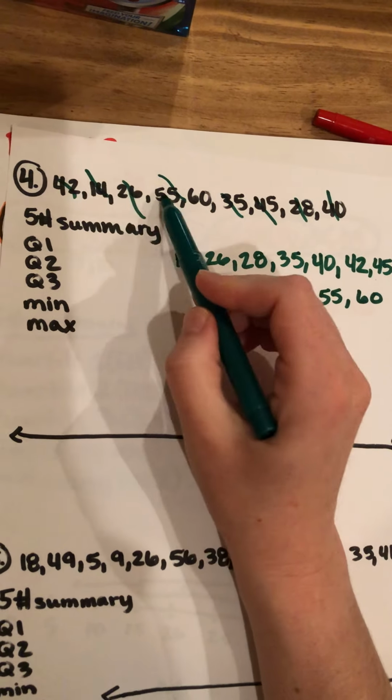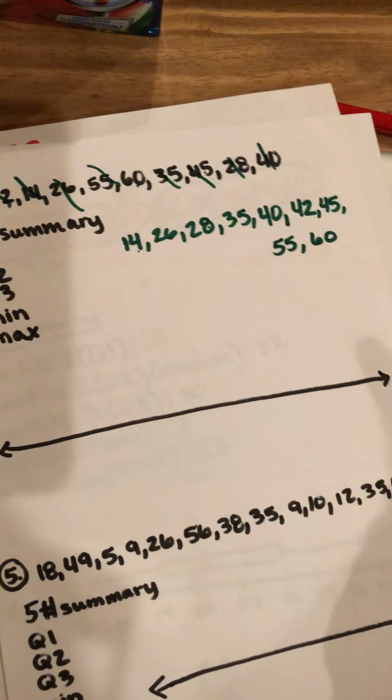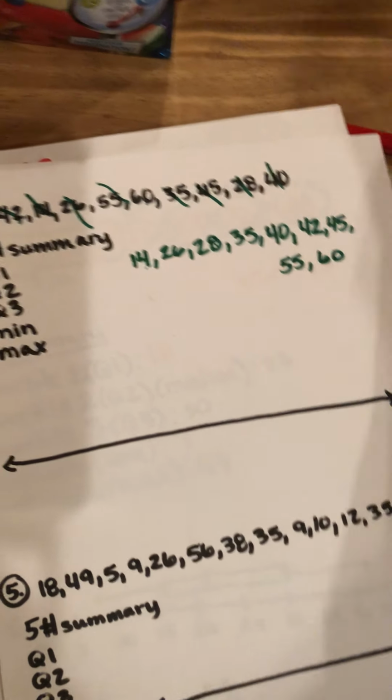And I have 1, 2, 3, 4, 5, 6, 7, 8, 9. Nine numbers. So that means I'm going to have one number in the middle.